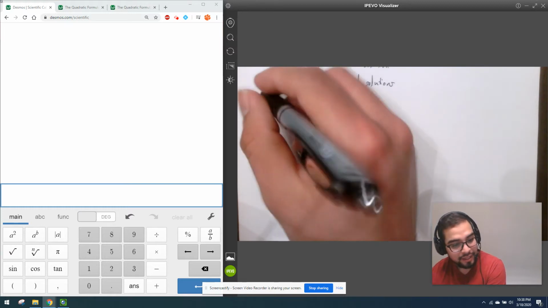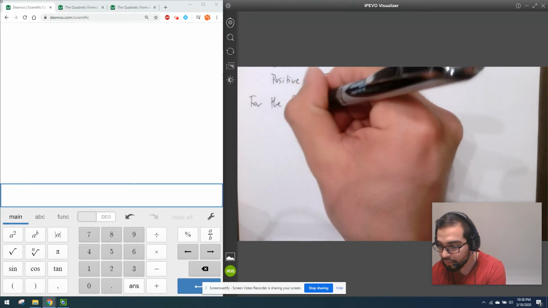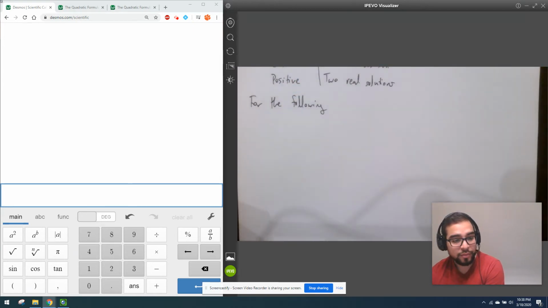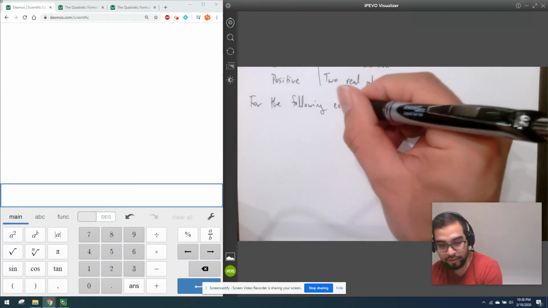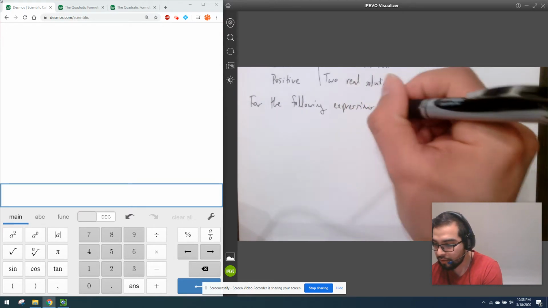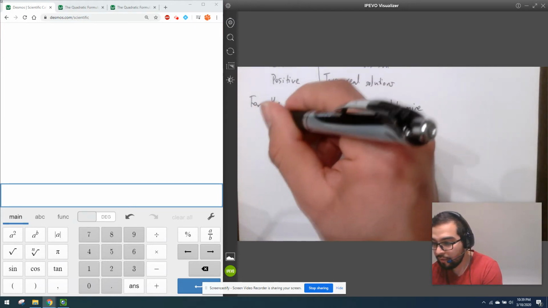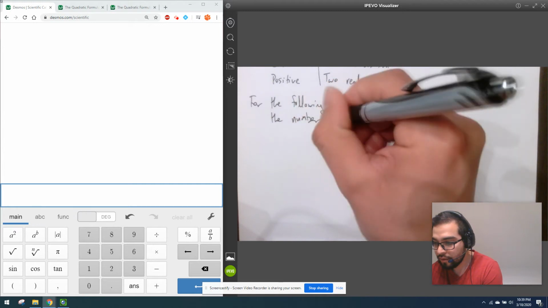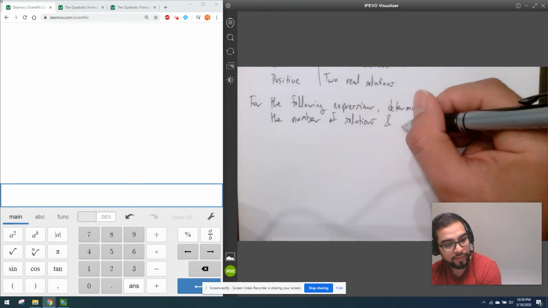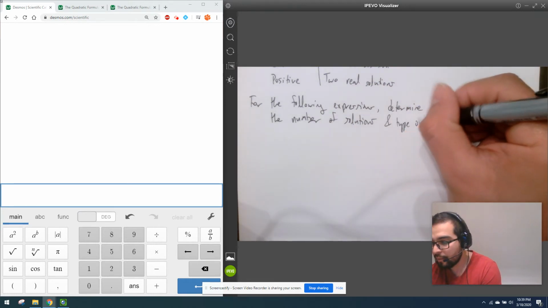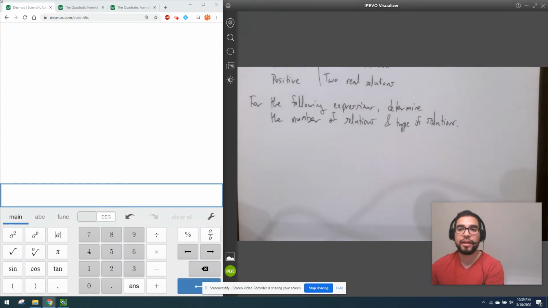For the following, we're going to determine the number of solutions and the type of solutions. This right here says type. I know my handwriting is terrible.